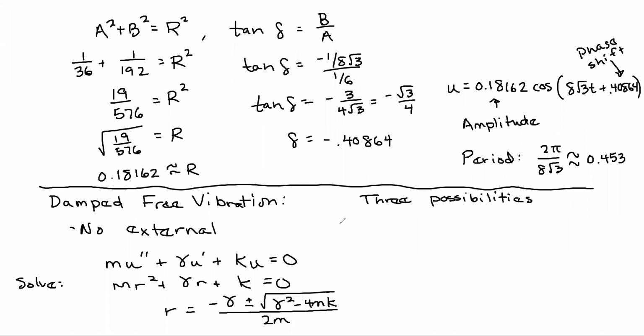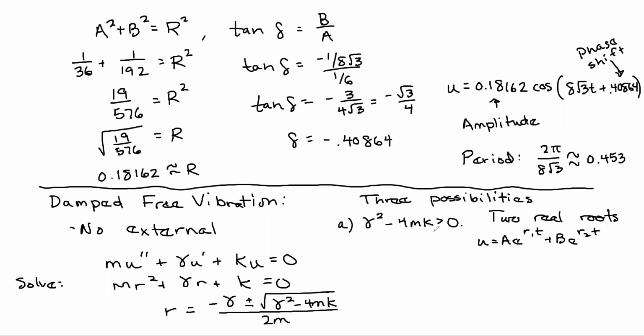All right, so the first possibility, we could have gamma squared minus 4mk greater than 0. In that case, we're going to get 2 real roots, and thus our solution is going to end up being u equals a e to the r1t plus b e to the r2t.